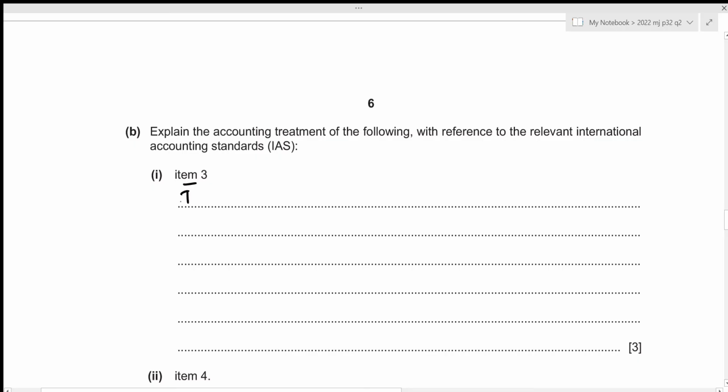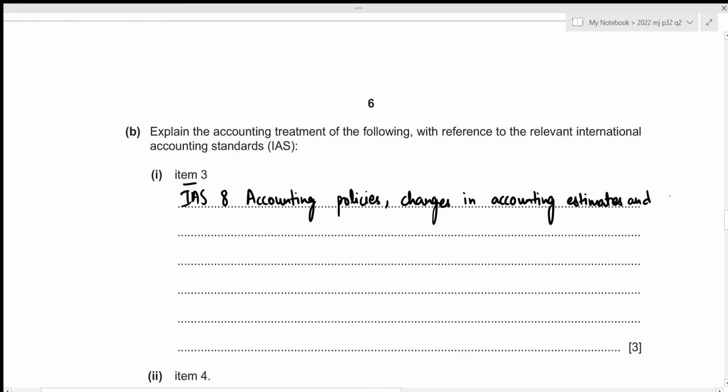Let's write it down. So this is of International Accounting Standard 8 of accounting policies, changes in accounting estimates, and errors. Now we first start with the amount of 20,000.